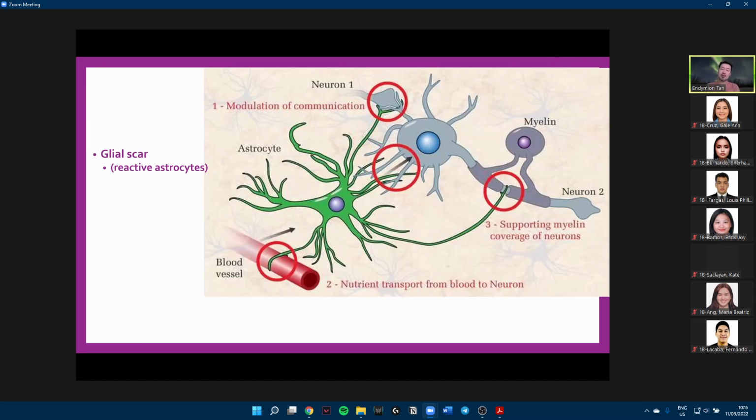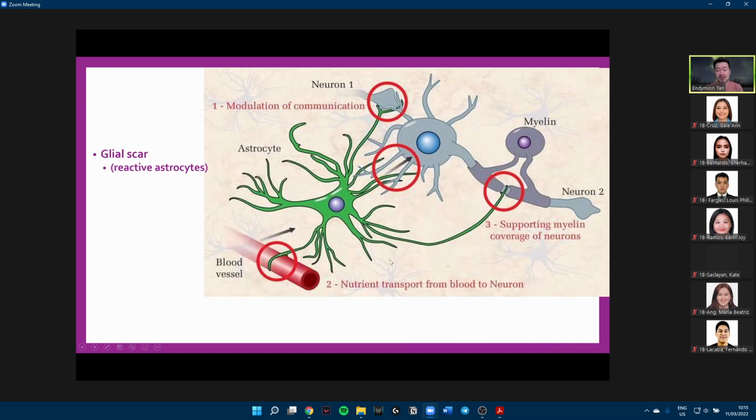First glial cell that we'll be talking about will be the astrocytes. The astrocytes are star in shape. Therefore, marami siyang galamay, marami siyang limbs. So first function, they can serve as modulation of communication between cells or among cells, cell-to-cell communication among the different neurons. Second is nutrition.